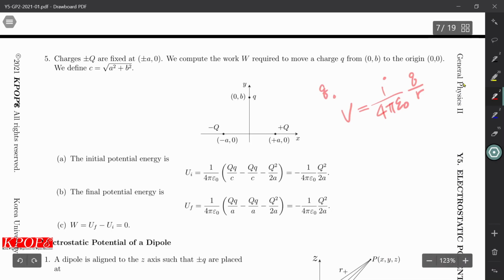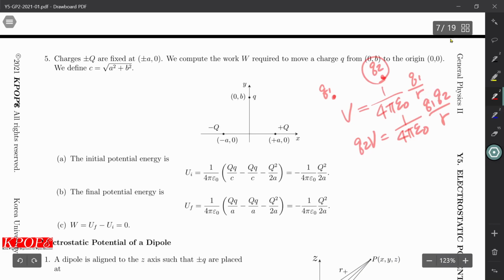Let me call these Q1 and Q2. The potential felt by Q2 is due to Q1, and the potential energy of Q2 is Q2 V, that is 1 over 4 pi epsilon 0 R Q1 Q2.